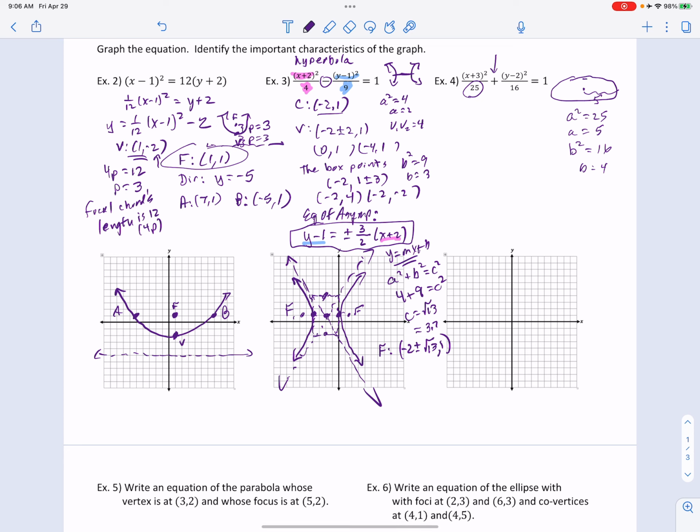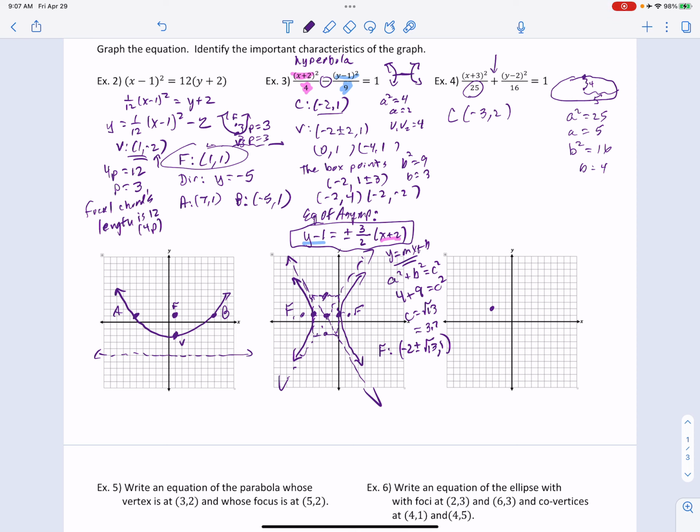And so you go up 4 units to get up to your co-vertice on the ellipse. And so your vertices on this ellipse, well, I guess I should state the center first. The center is -3 and up 2.